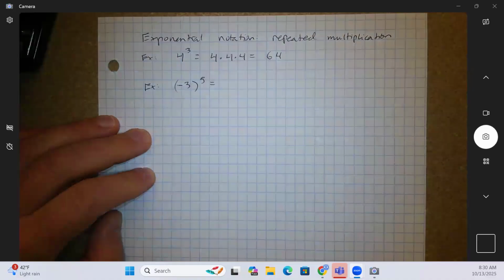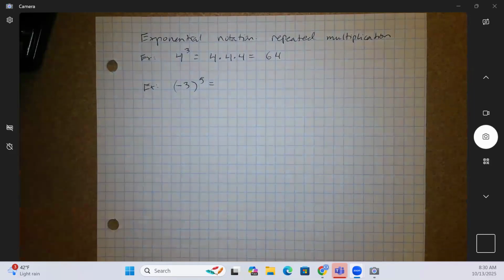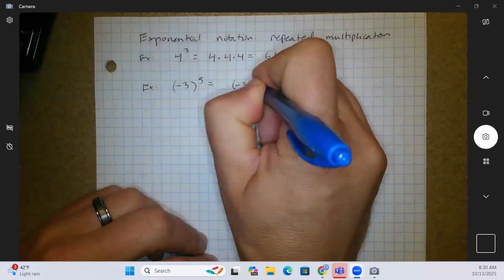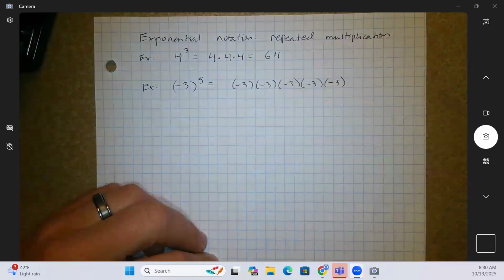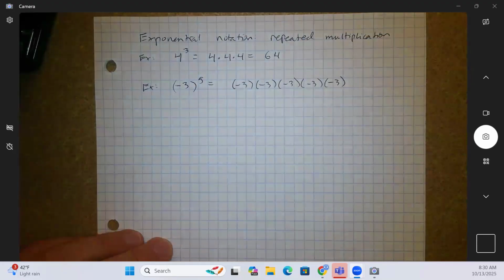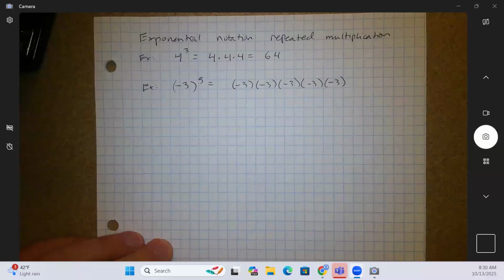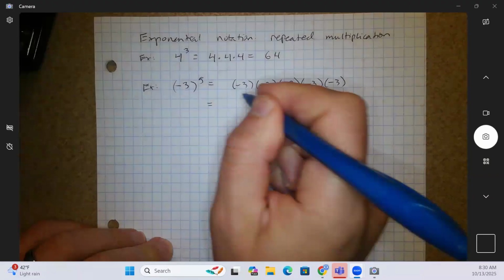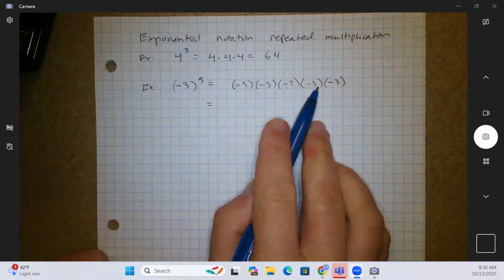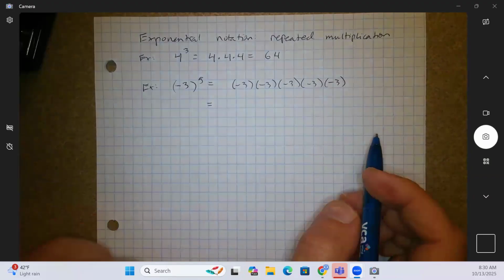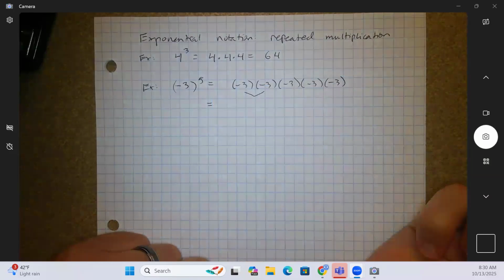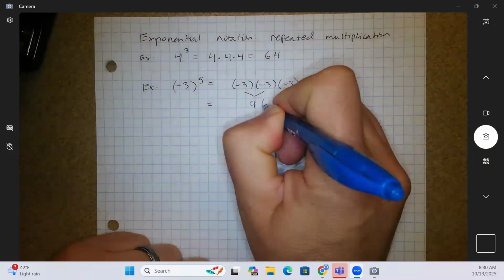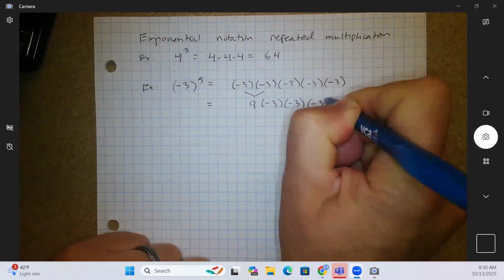And this is how I recommend you develop your intuition for these ideas, is you actually write it out. -3 times -3 times -3 times -3 times -3. And we can build this up as we go, working left to right because it's all multiplication. What's -3 times -3? Positive now, 9, because a negative times a negative is a positive.